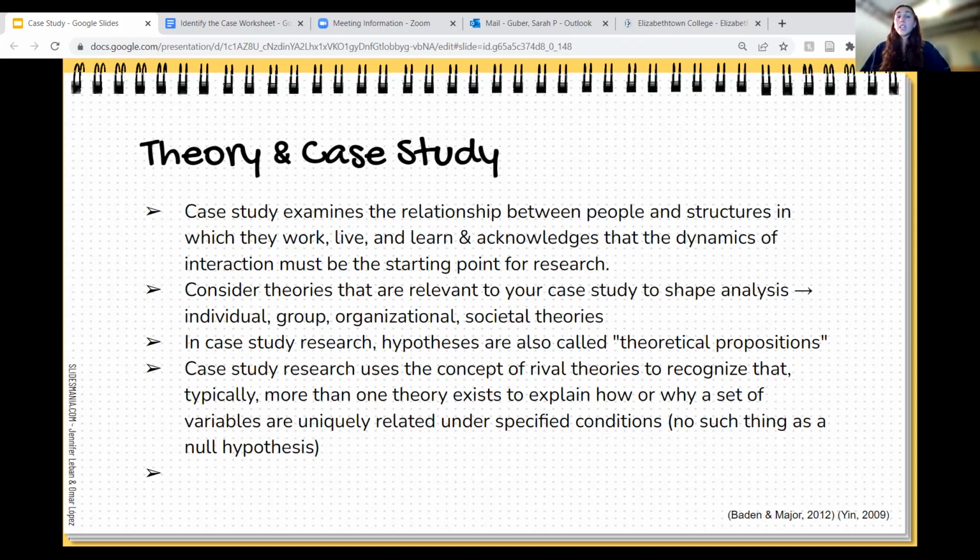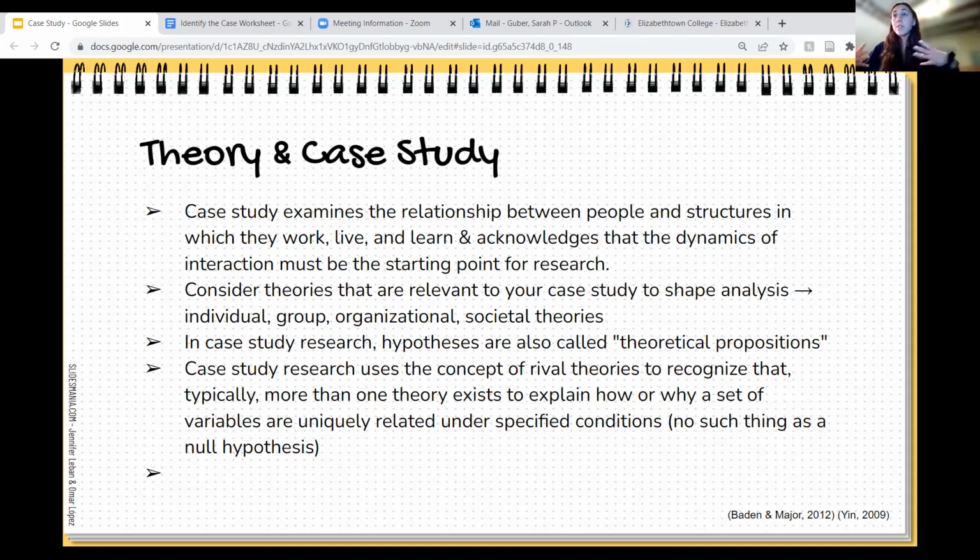Now, within case study research, hypotheses are also called theoretical propositions. So you will typically begin with a theoretical proposition or hypothesis before beginning your case study. And case study research uses the concept of rival theories to recognize that typically more than one theory exists to explain how or why a set of variables are uniquely related under specific conditions.